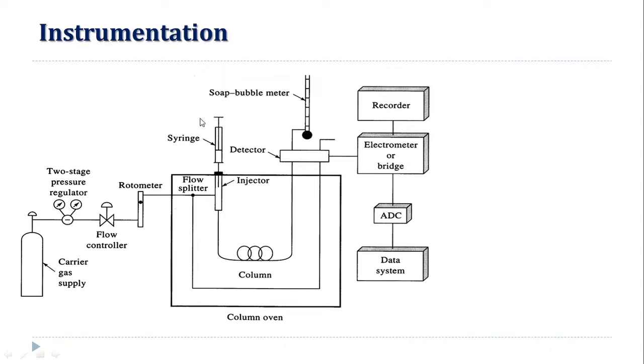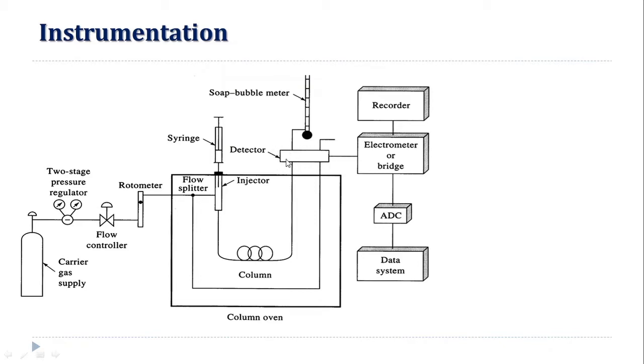Here this syringe is called the injection port. The syringe contains a sample solution, which is inserted into the column by using this syringe. This is the injection port. Then this is the column, and the column as well as the reference column goes to the detector.